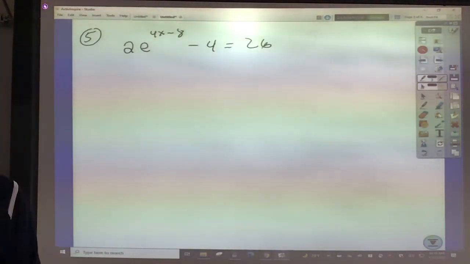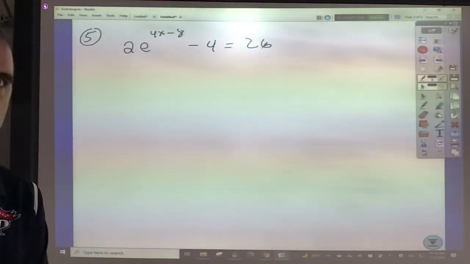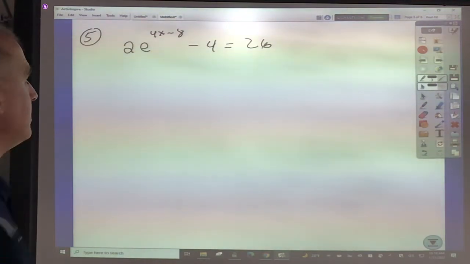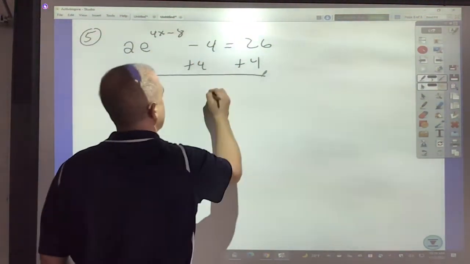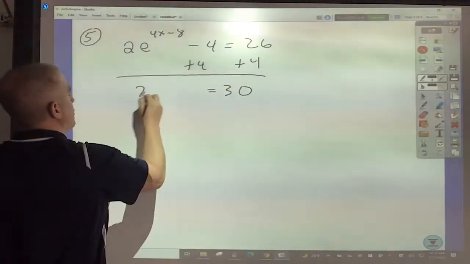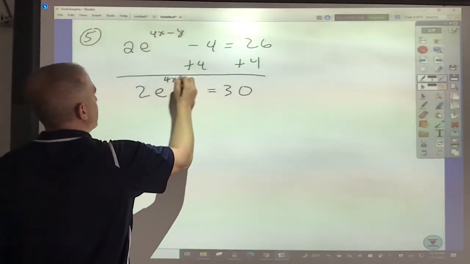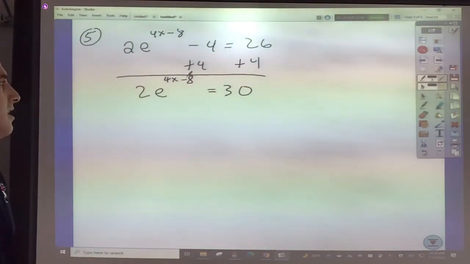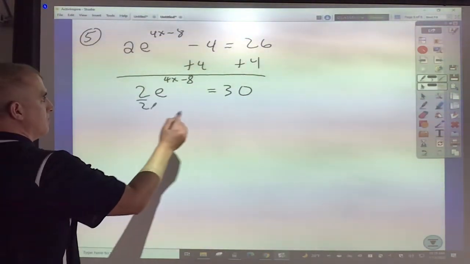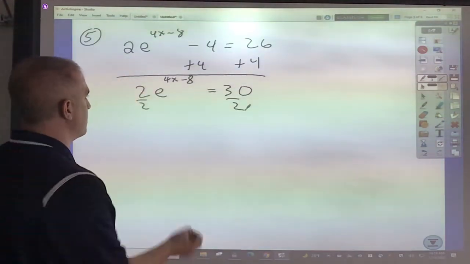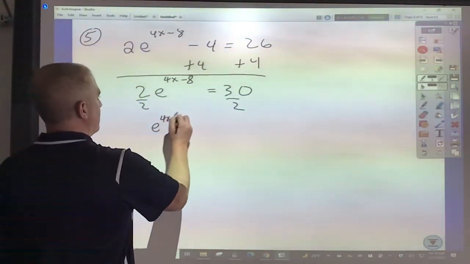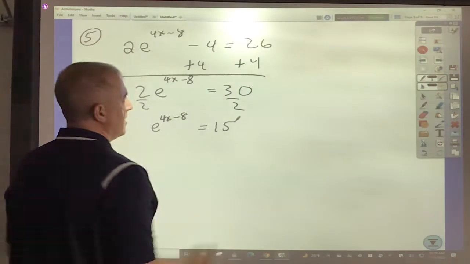All right, so what I would want to do here, pretty simply, is add 4, which would give me 30 equals 2e to the 4x minus 8. Okay, all right. Then I want to get rid of this 2. I've got to really differentiate because the e is the function here, so that 2, I can't have that. So e to the 4x minus 8 equals 15.